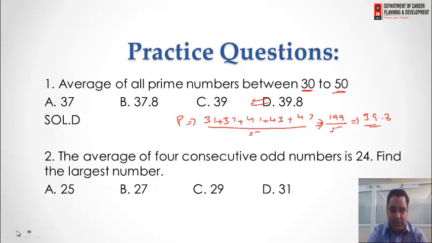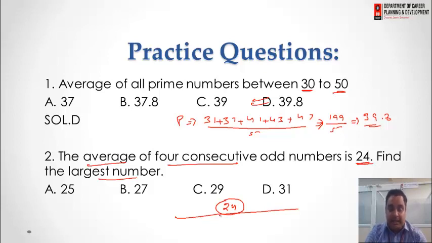Now the next question says the average of 4 consecutive odd numbers is 24. What is the largest number? As the average is 24, it means the central number in this data is 24, and the nearby 2 odd numbers are 23 and 25.